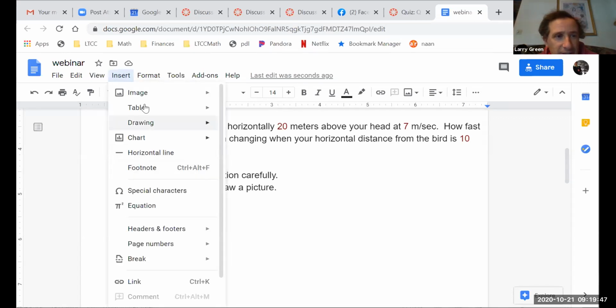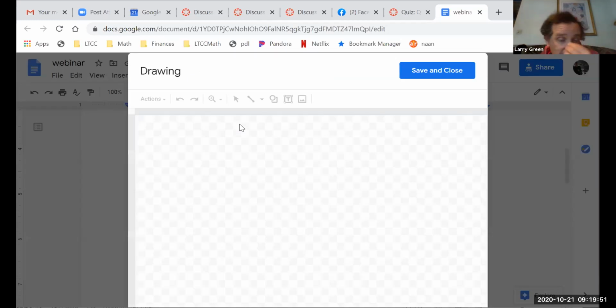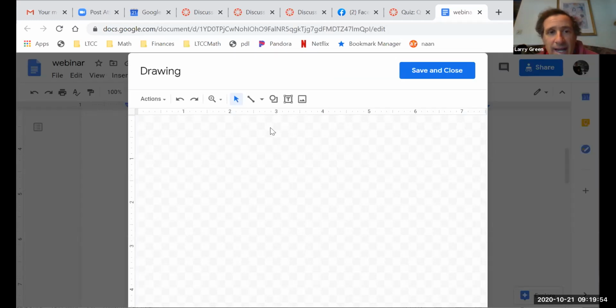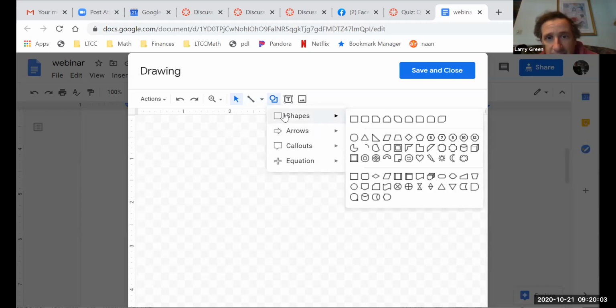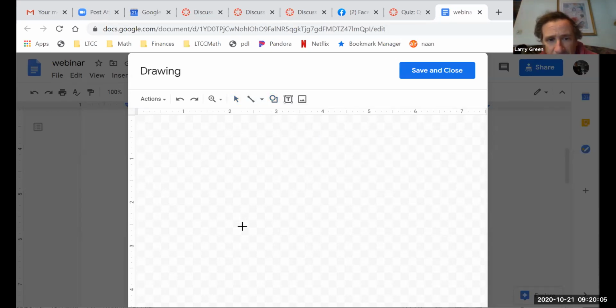So let's insert a drawing. We have a bird and we have a person. Let's draw the person, maybe as a dot or circle. Okay, the good thing is I'm such a bad artist, that's a person. The bird is flying overhead, not necessarily right above my head, but somewhere.